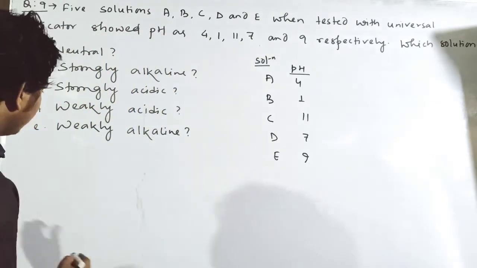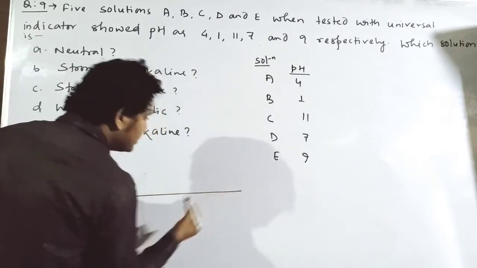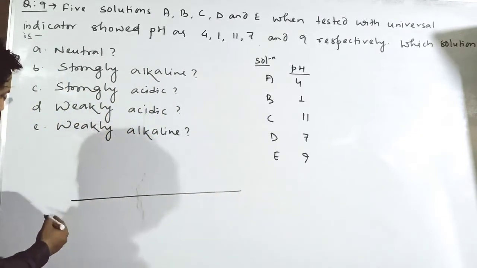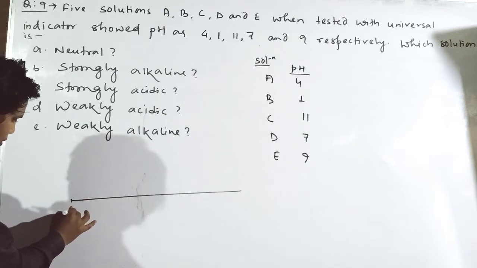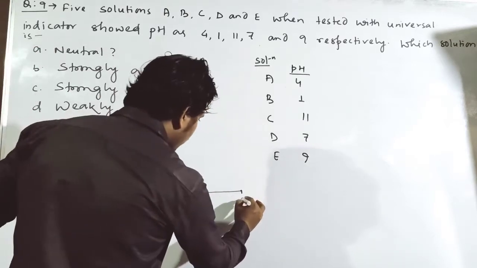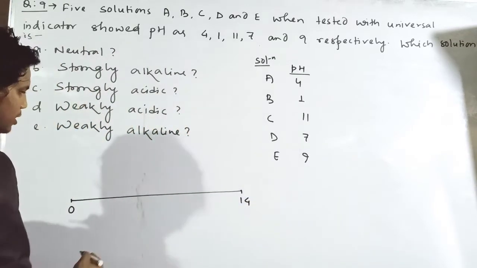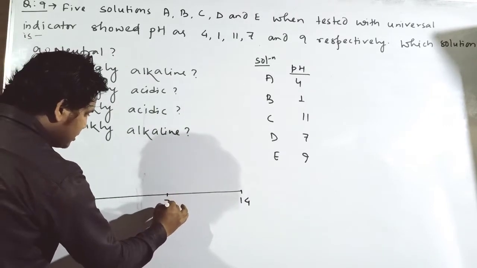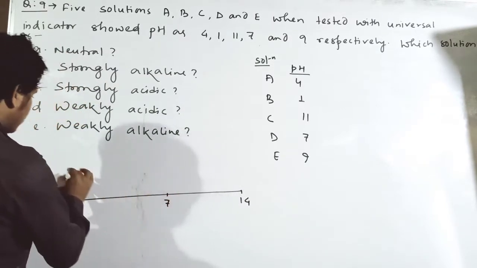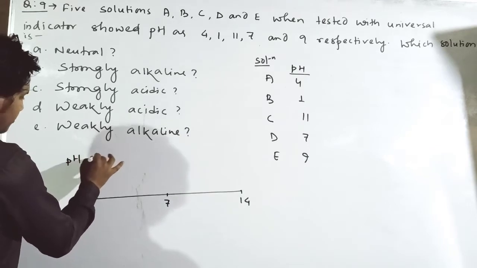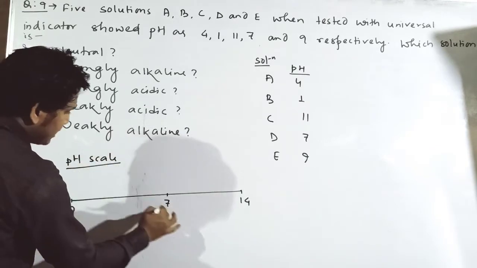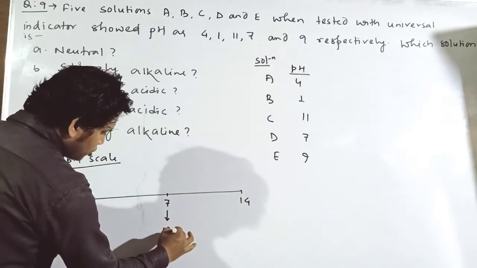So we have studied already that there is a pH scale. In the pH scale, the reading is from 0 to 14, and 7 is in the middle. If the reading is 7, it is neutral.